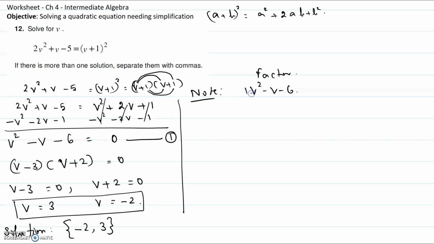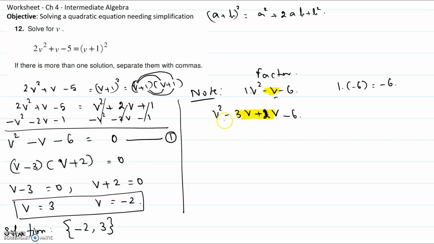Normally we multiply the first coefficient with the last, which is negative 6, and then split the middle term into two parts so that when you multiply you get negative 6 and when you add you get negative v. So it is negative 3v plus 2v, which equals negative v. Then you have minus 6.